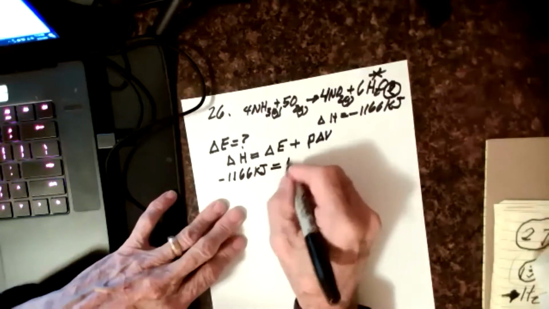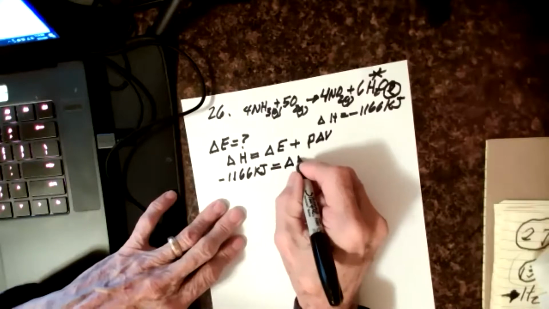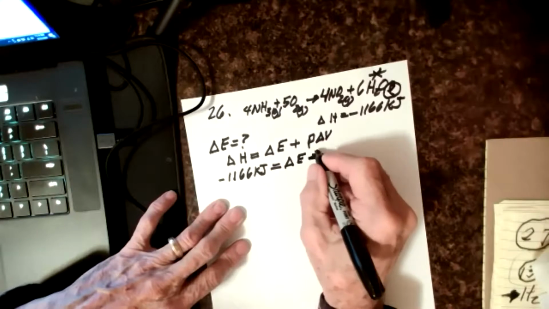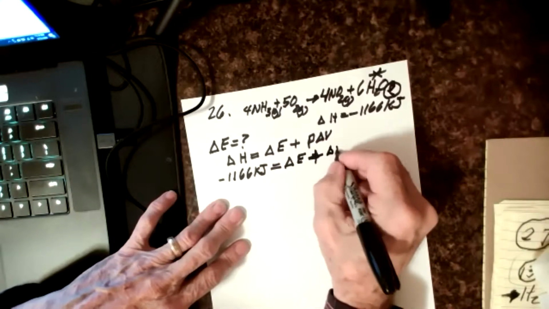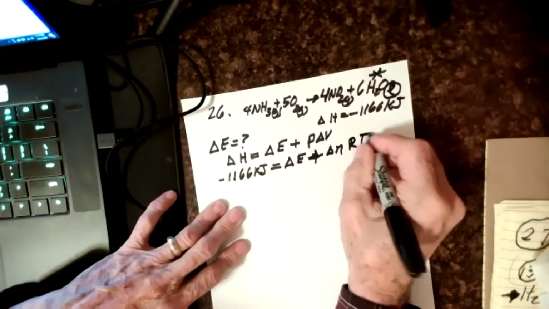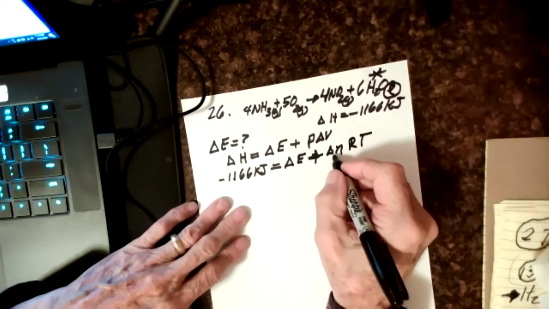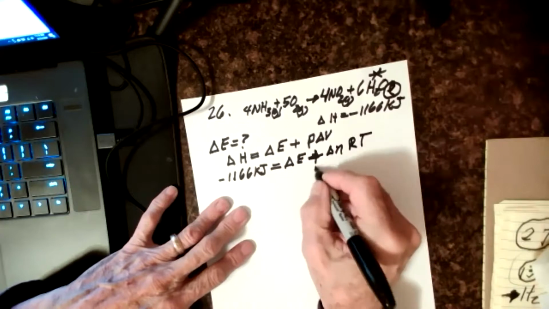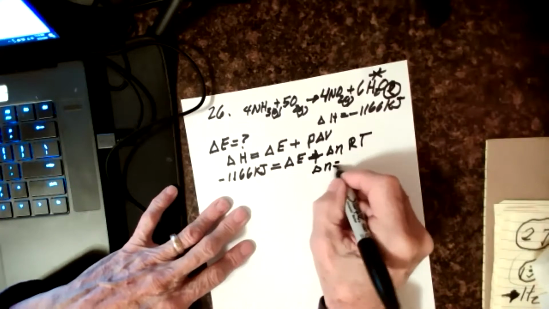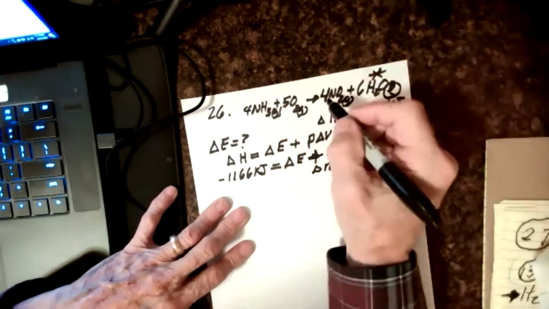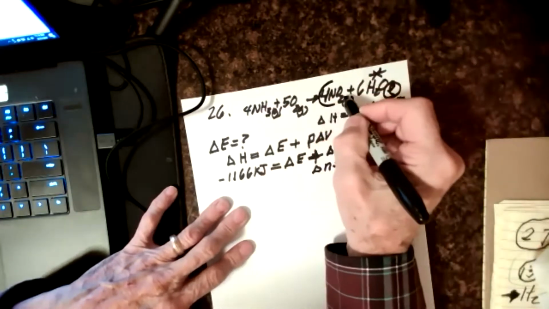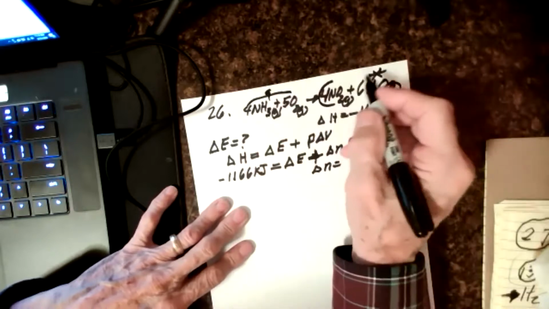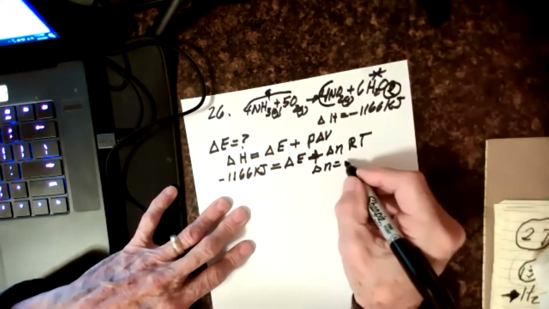That's equal to delta E, which I need to calculate. Now, P delta V is delta N times RT, where delta N is the difference in the number of moles of gases. Okay, so delta N in this process is going to be equal to, I've got 4 moles of gas from here, and I've got 9 moles of gas on here. So 4 minus 9 is minus 5.